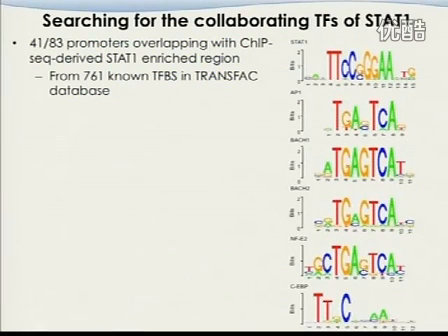And then we also found the enrichment of many other motifs in these regions, including AP1 and a couple of others. But if you look at these patterns more closely, you will find that they have very big similarity in terms of their sequence features.